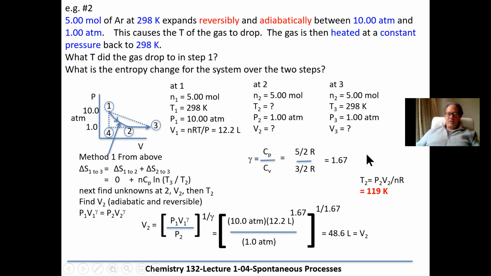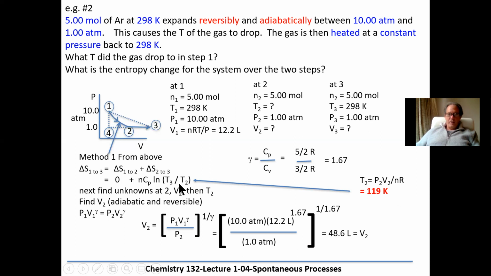And now once we know V2, we can calculate T2 because we can use the ideal gas law, PV equals nRT. So this was the key to solving the problem, finding V2. So V2 gives us T2. And once we have T2, now we can solve for the entropy change because entropy change depended on nCp ln T3 divided by T2.